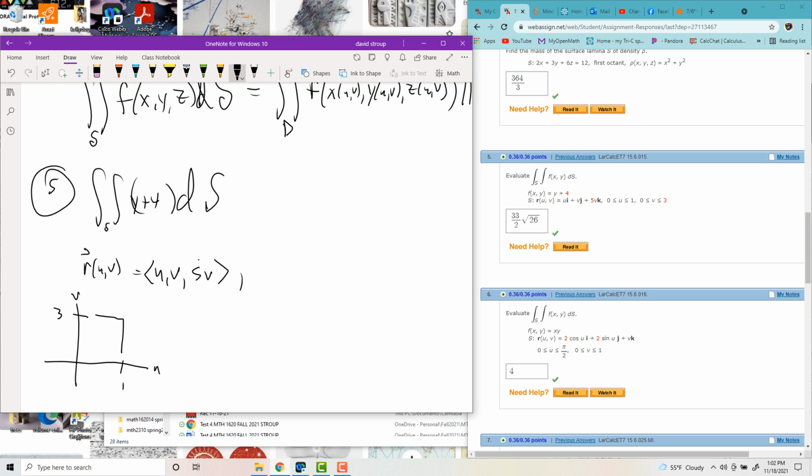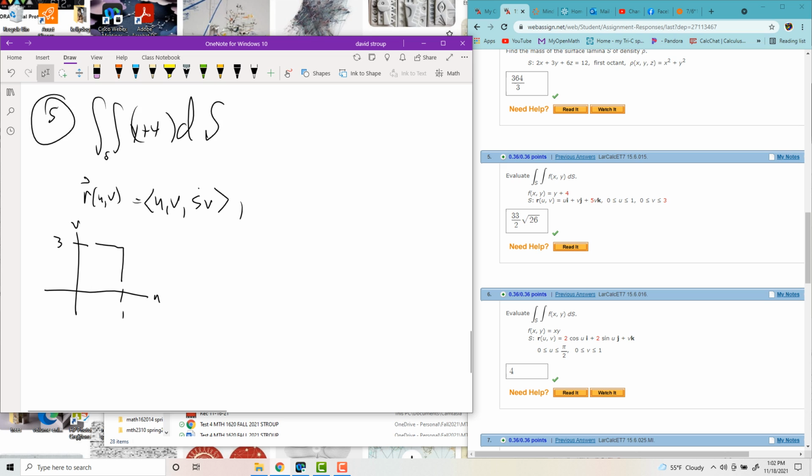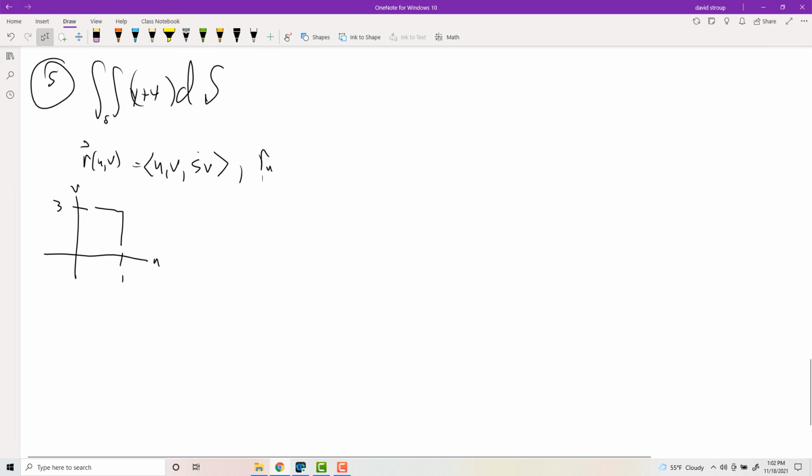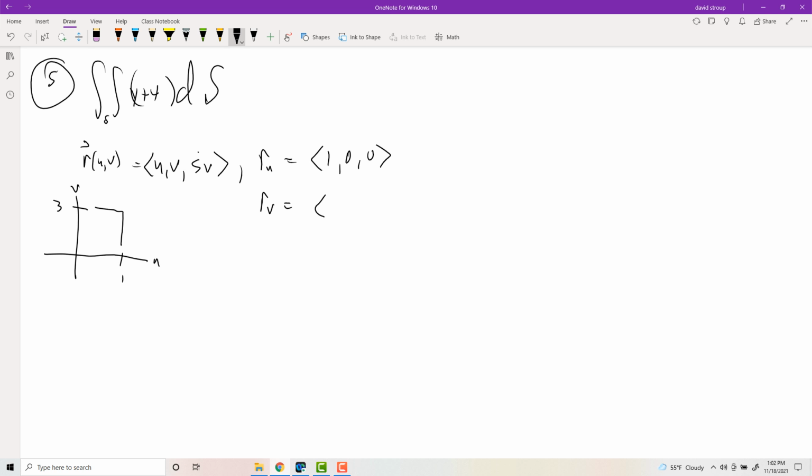So it's this box we're integrating over. Okay, so I need the partial derivatives and then their cross product to pull this off. r_u will be ⟨1, 0, 0⟩. That should be painless. r_v is ⟨0, 1, 5⟩.